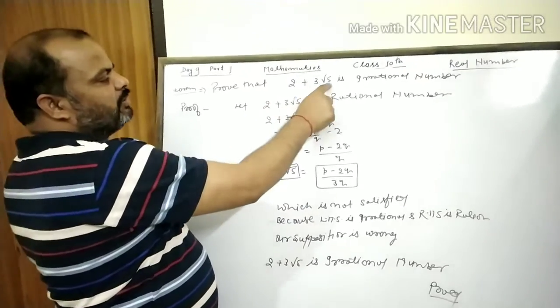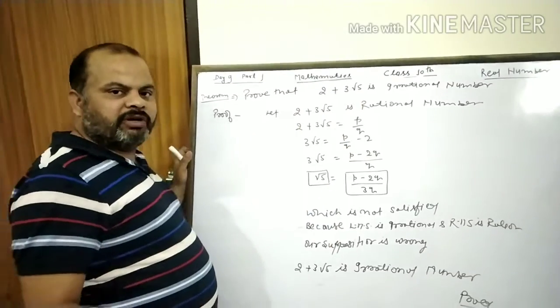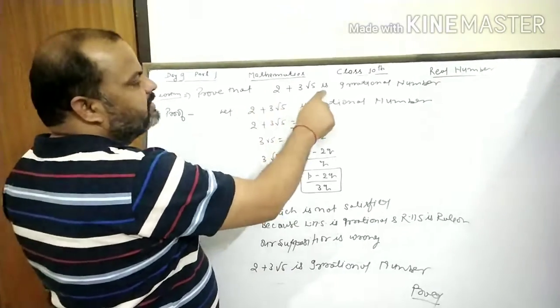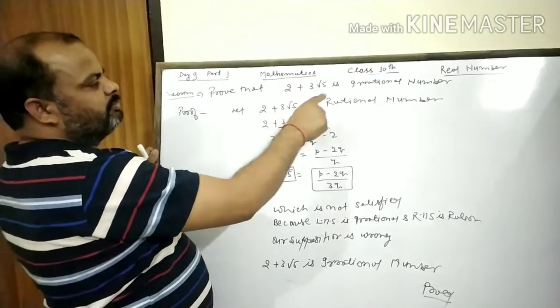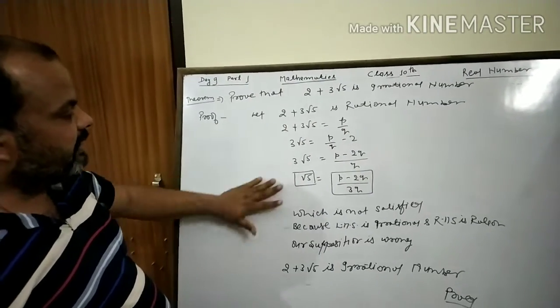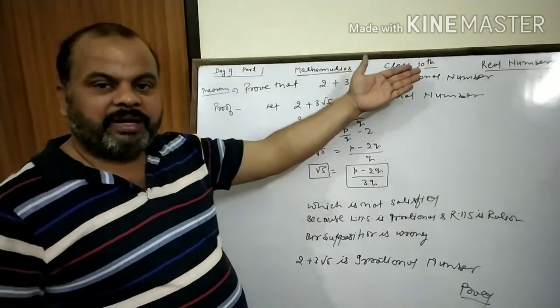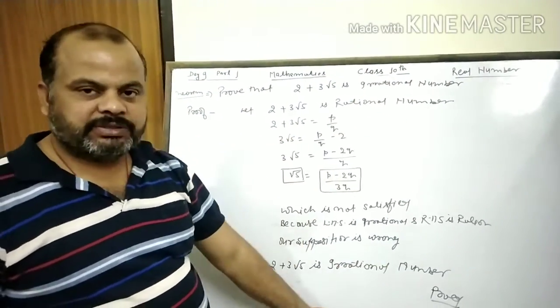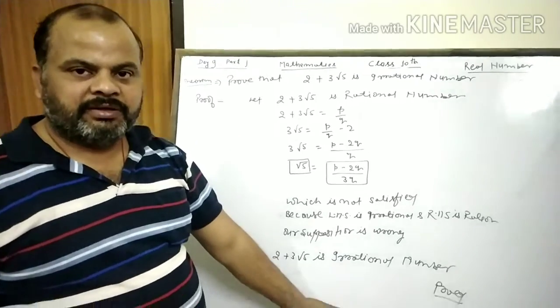Then it is the operation of one rational number and one irrational number. That's why it is irrational. Then 2 plus 3 root 5 is an irrational number. Suppose you forget the first process, then you can write it the same way. Clear? Otherwise you can follow this. Okay, thank you.